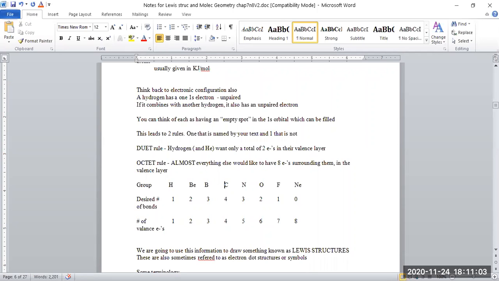Oxygen likes to make 2 bonds because it has 6 electrons, and octet rule, it's easier to steal or borrow 2 electrons from a buddy than to give up 6, because you're way past the halfway point on this section.